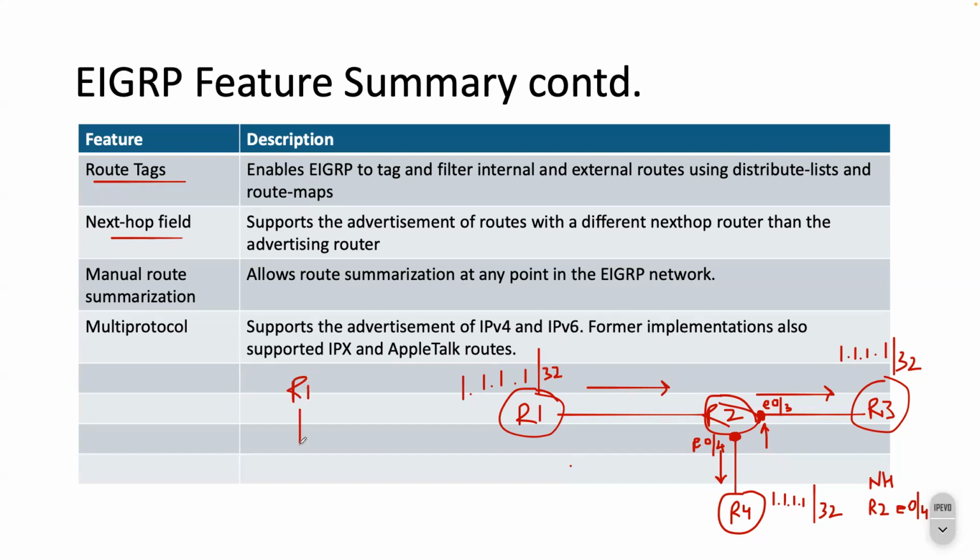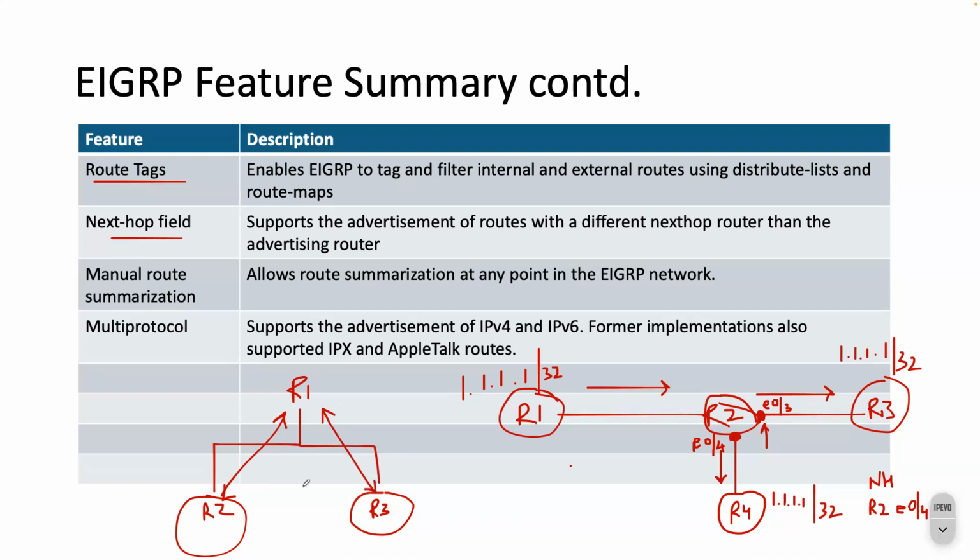This is a multi-homed network, or one-to-many neighborship, or you can say a hub and spoke kind of environment. R2 is forming a neighborship with R1, and R1 is forming a neighborship with R3 also.